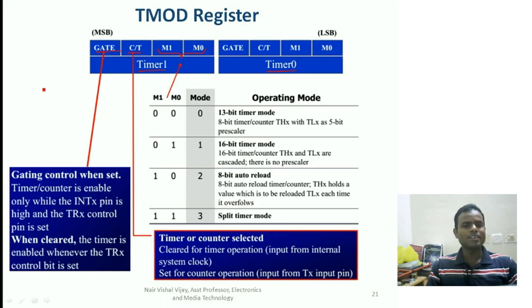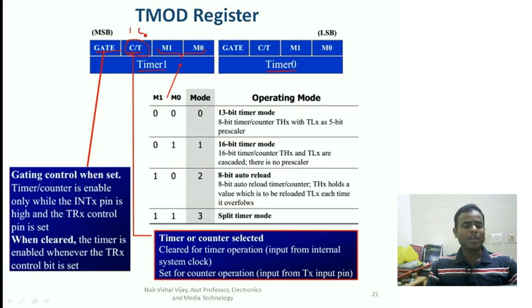What is C/T? C stands for counter and T stands for timer. As I said, your timer can operate either as a counter or a timer. Whichever operation you like can be selected by setting the bit to 1 so that it operates as a counter, and setting the bit to 0 so that it operates as a timer.